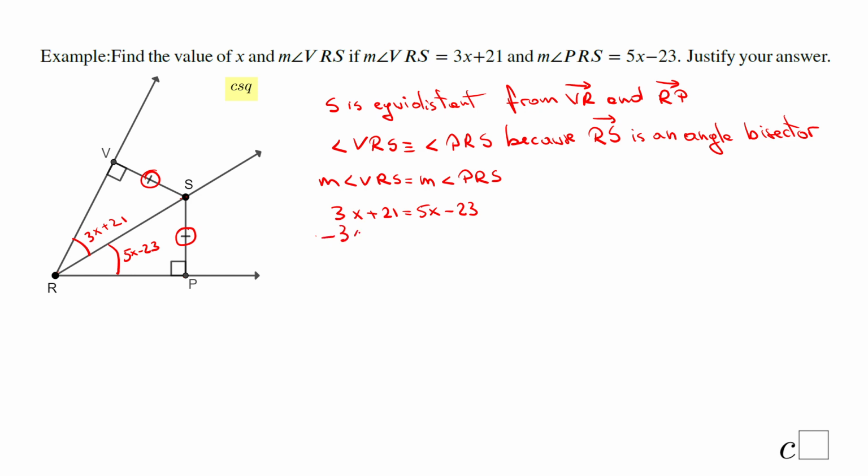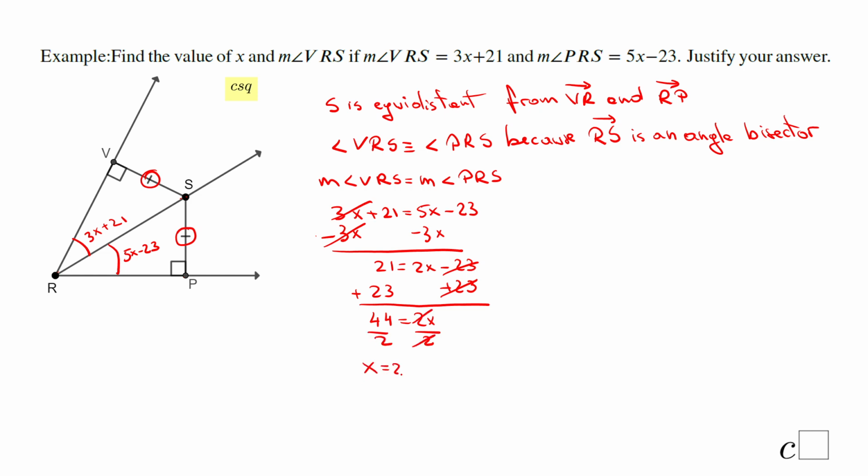I'm going to subtract 3x, and I have 21 equals 2x minus 23. Can I add 23 here to get rid of this minus 23? 21 plus 23, that is 44, equals 2x. Divide by 2, and that's the last step for finding x. X equals 22. So we find the value of x.